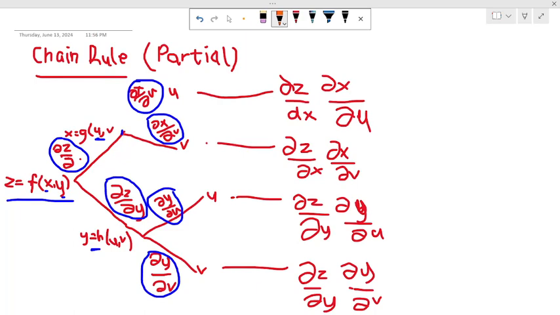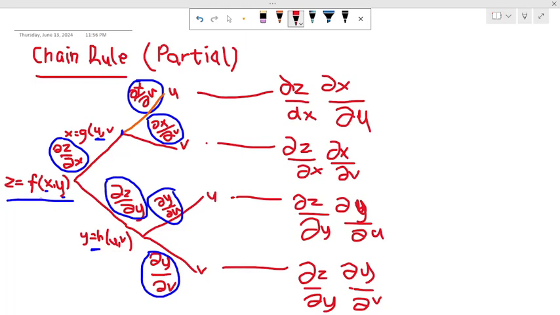We are going to traverse this part, and we can also see that traversing this part from z, we get an expression of the partial derivative of z with respect to x, and also we get an expression, the partial derivative of x with respect to u.